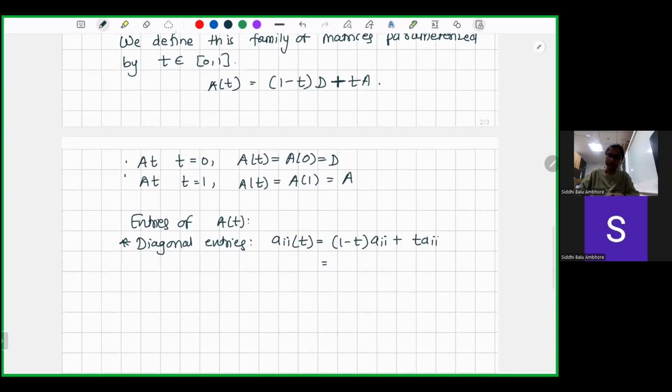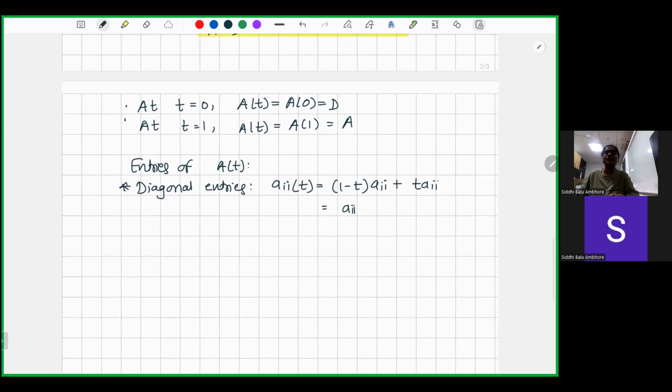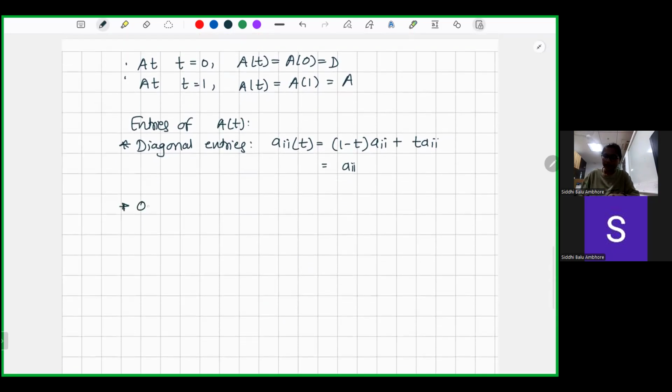And this is just aii, because the minus t aii and plus t aii cancel. For the off diagonal entries, it is (1 minus t) times dij, which will be 0 since D has off diagonal entries 0, plus t aij.